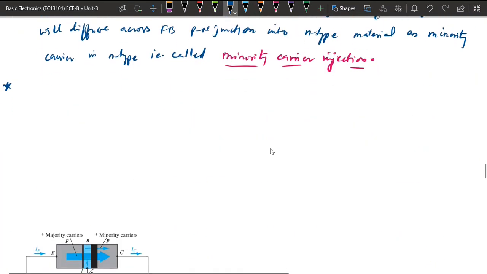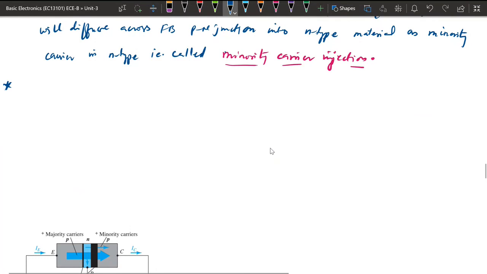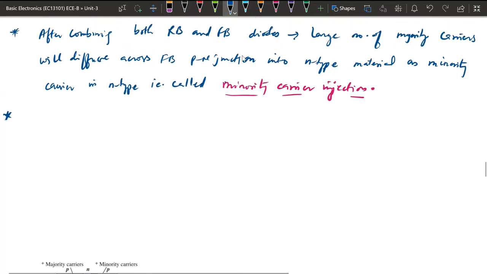Okay, so this diode operation is basically divided into two parts. One is diffusion of majority charge carriers from the emitter side to the base region, and in the base region that majority charge carrier will be behaving like a minority charge carrier. Once it has reached as a minority charge carrier, it can easily pass the reverse bias collector junction.